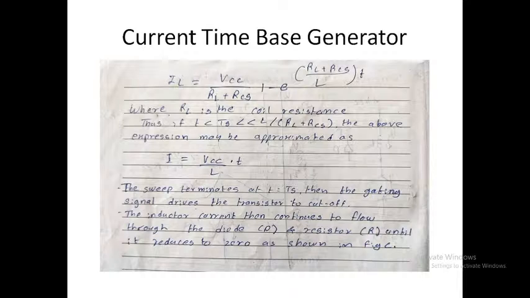While in voltage time based generators, that is the Miller sweep and bootstrap sweep generators, we are using capacitors. So these are the different types of time based generators and oscillators. I hope you all got the concept of oscillations and time based generators.